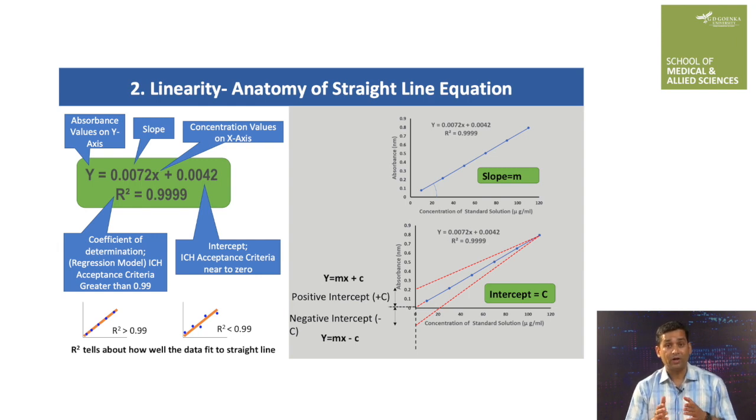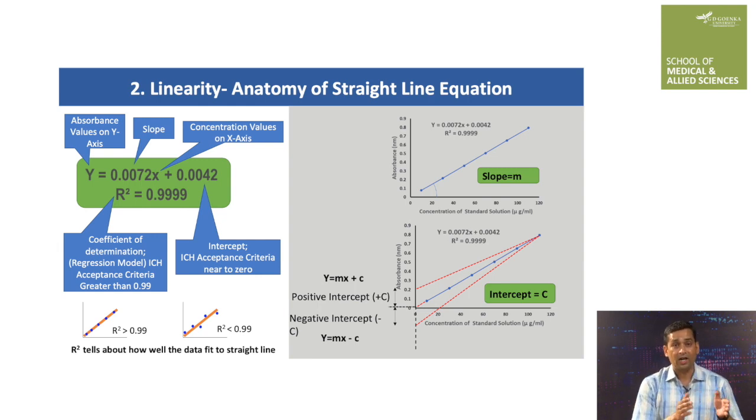Apart from the components of the straight line equation, another aspect is r square, which is known as the coefficient of determination, and the ICH acceptance criterion for r square is greater than 0.99. Here r square denotes how well the data fit to a straight line. This can be understood by the two straight line curves shown in the bottom left of the slide.